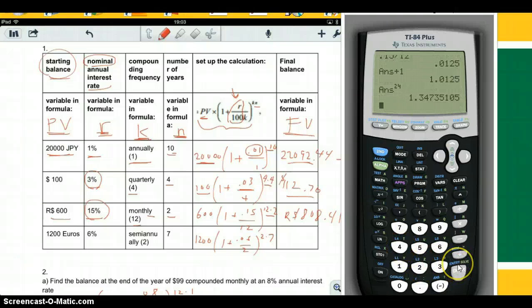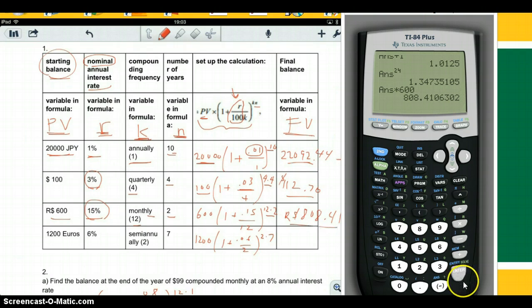Okay, and that'll give us 1.347, and then we multiply that times the original amount, which is 600. So it's 808 reais and 41 centavos.